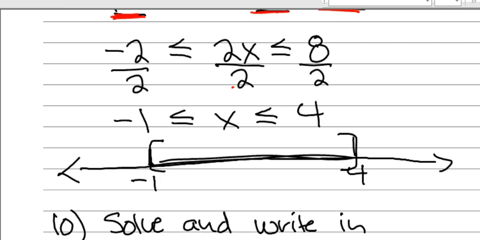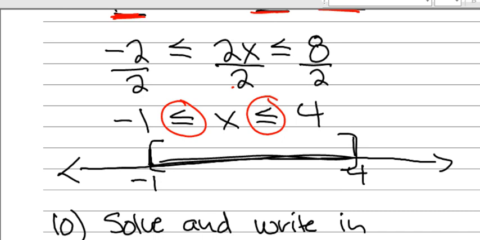So that's the algebraic solution. But I'm also asking for my solution on a number line. So this is a compound inequality with the less than or equal to. So since I have equal to, I'm going to use my brackets.